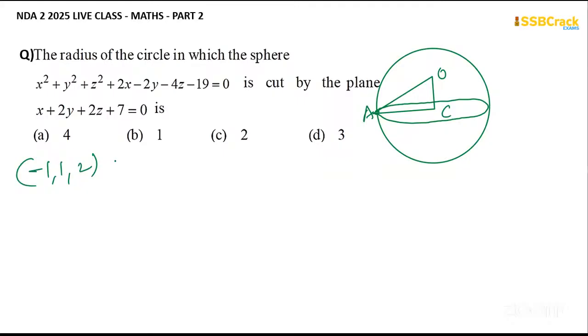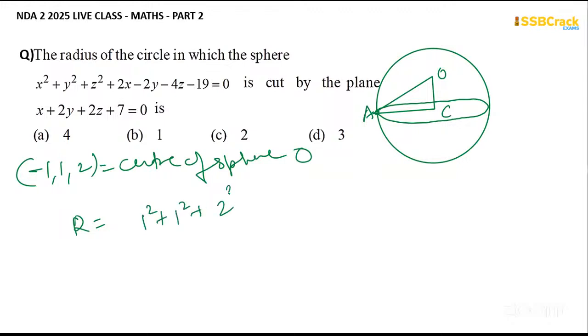It is the center of the sphere, here represented by O. Then the radius will be the root of 1 square plus 1 square plus 2 square plus 19, which is 25, so it is 5.